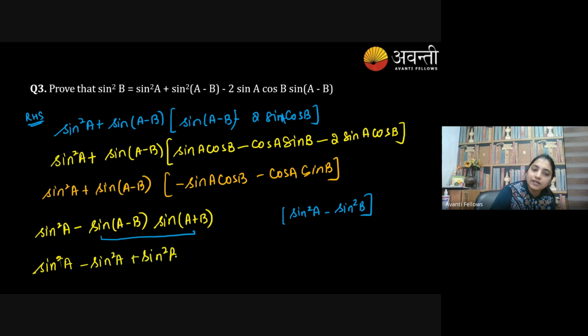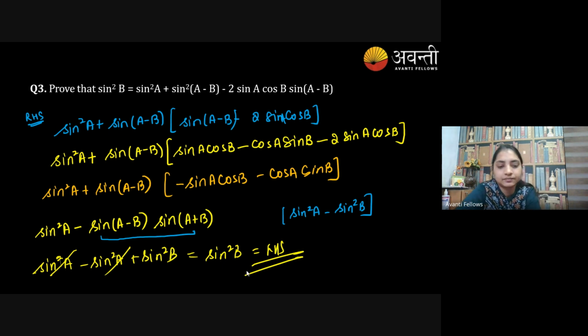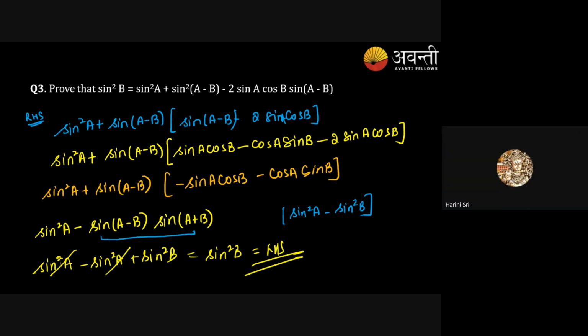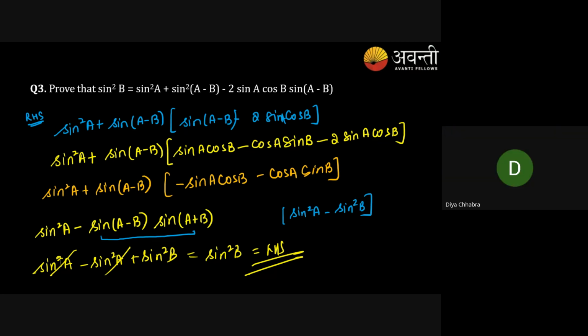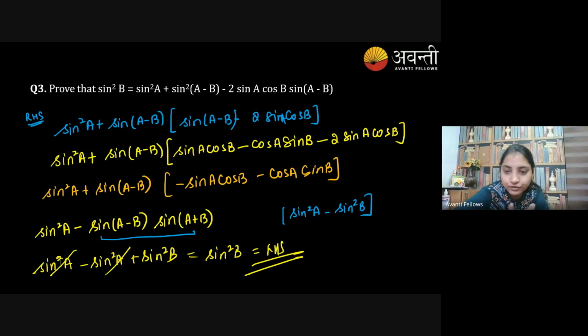So sine square a is cancelled. It will be equal to sine square b. That is your left hand side. So is the concept clear? Any doubt, Aaron, Devayut, Diya, Avni? Clear? Okay, great. Any confusion till there to anyone?